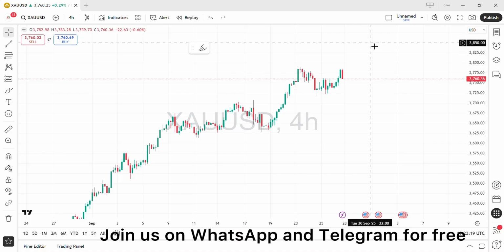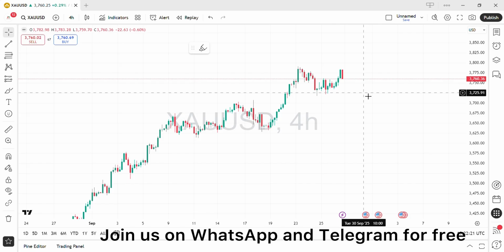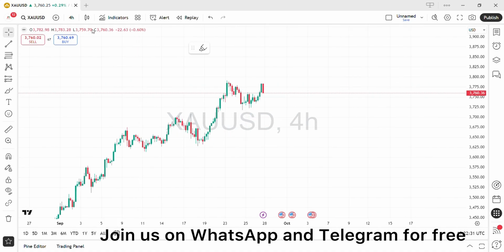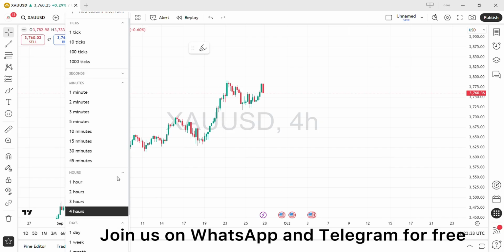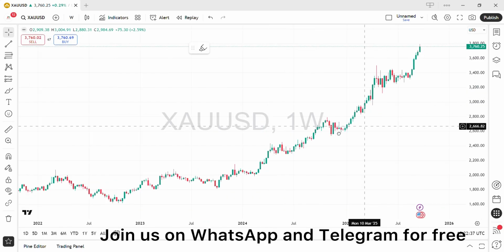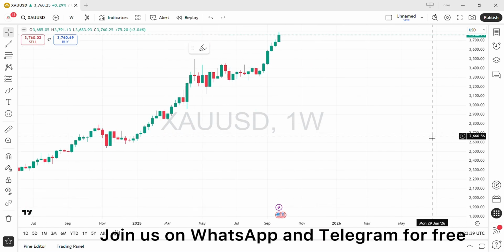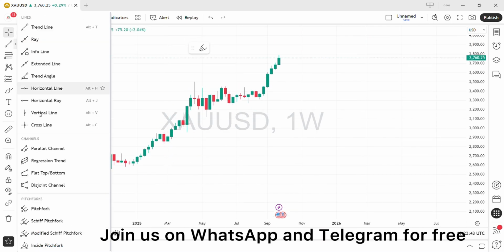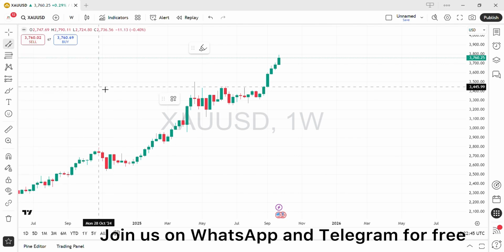So now we have once again started our forecast videos on the daily basis or maybe on the weekly basis. As you can see, this is gold, and I would love to analyze the gold from a higher time period. This is a weekly chart frame, and as you can see, the gold has broken down successfully the main resistance level, although I was expecting a brutal selling from that area.